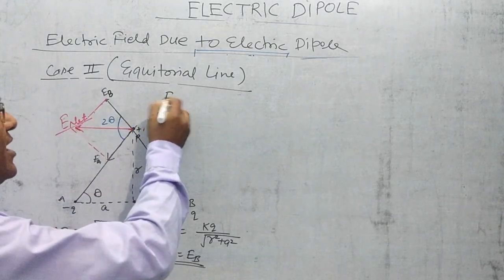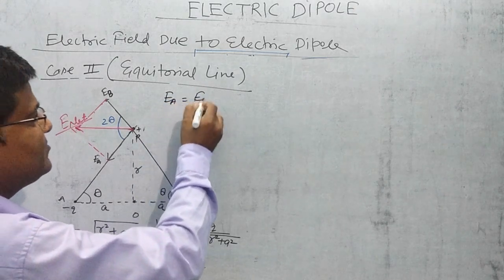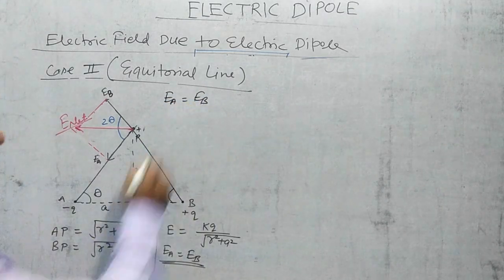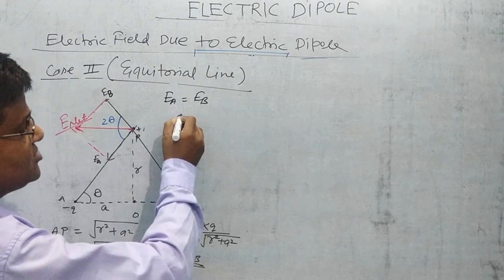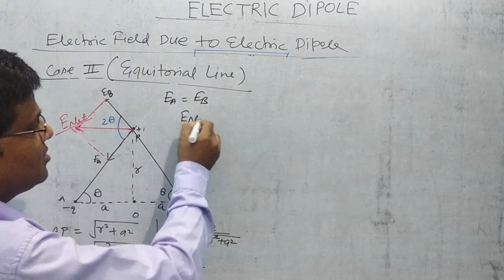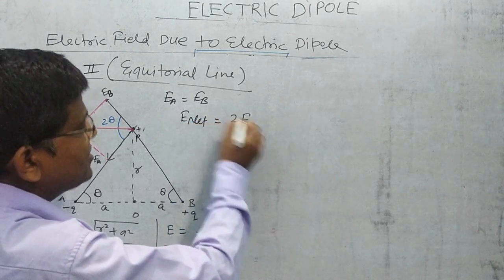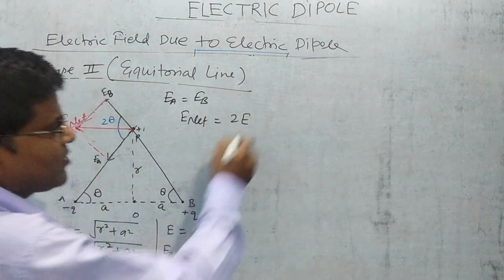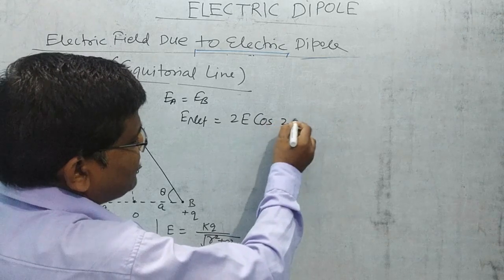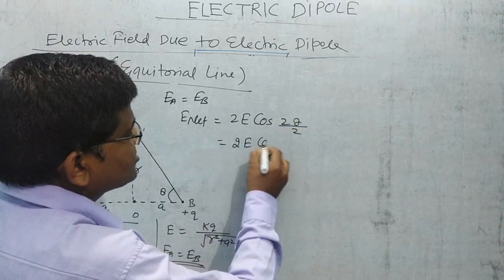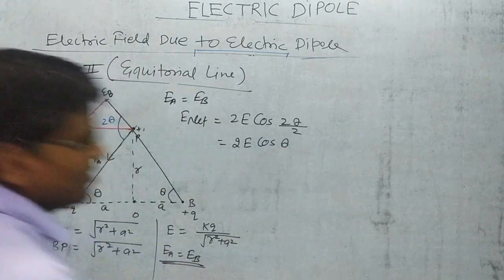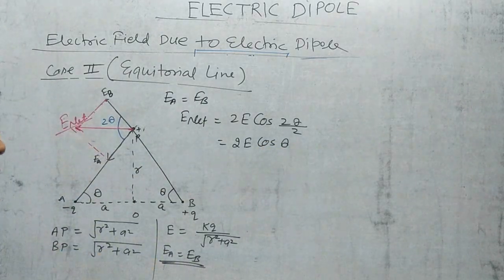And one thing more here. If EA and EB are equal, then the resultant is 2E cos of 2 theta by 2. It becomes 2E cos theta. No problem.